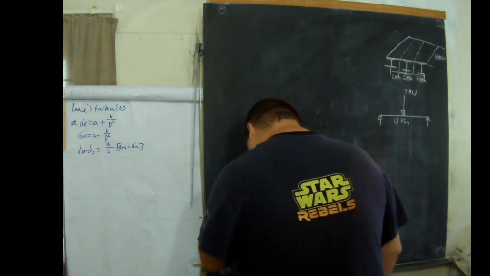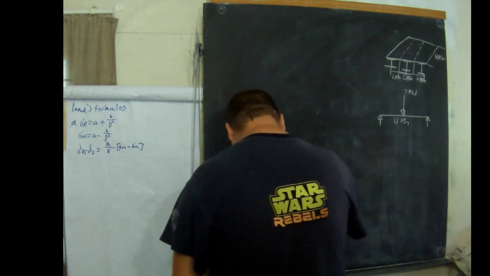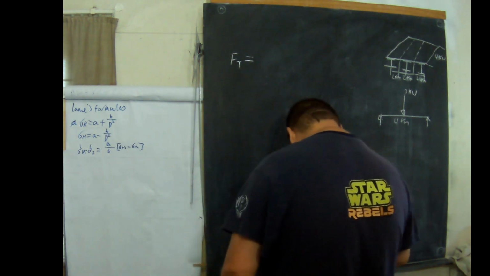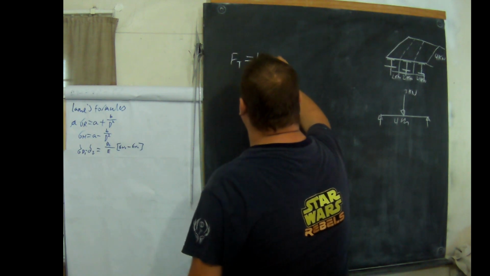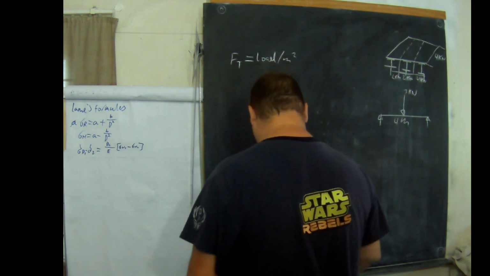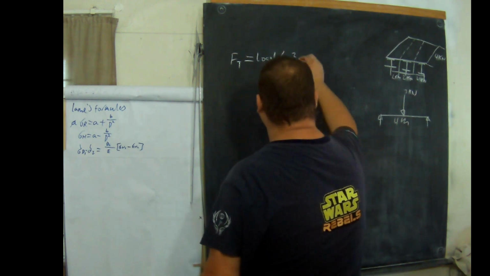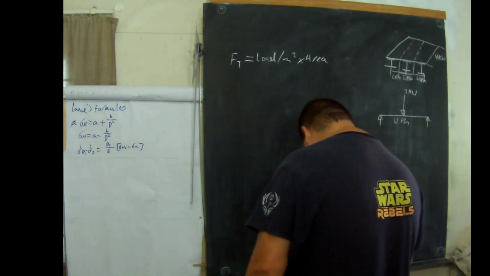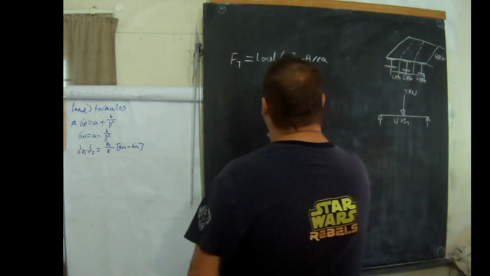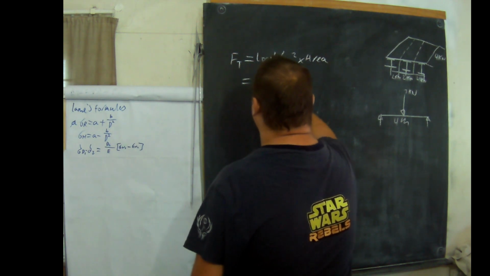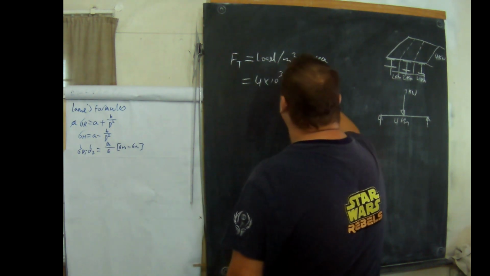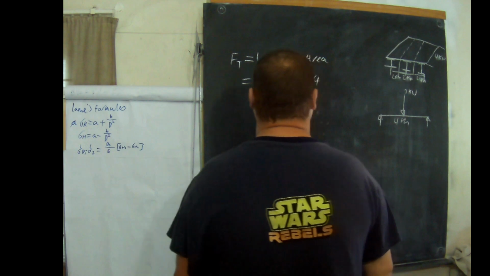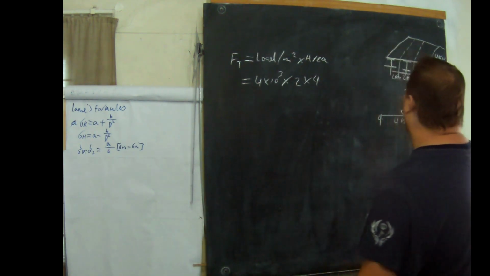So how this works is the UDL, so F_T equals load per meter squared times area of the pitch. So this will equal 4 times 10 to the 3 multiplied by 2 times 4, because that's the area of our sheet.